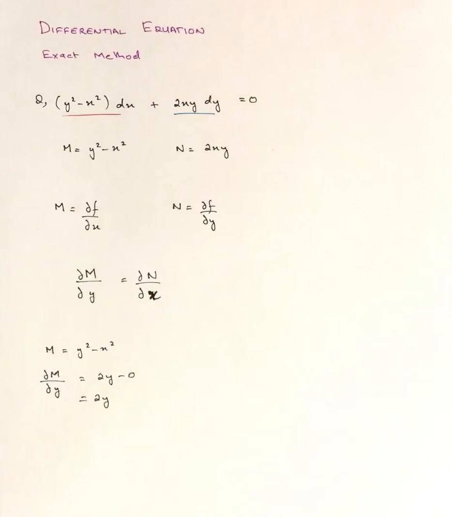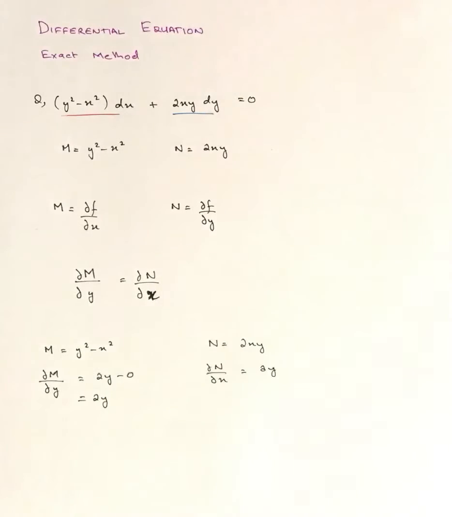By differentiating M with respect to y, we get 2y. Now let's differentiate N with respect to x. The partial differential of N with respect to x gives me 2y, which means the partial differential of M with respect to y is equal to the partial differential of N with respect to x.